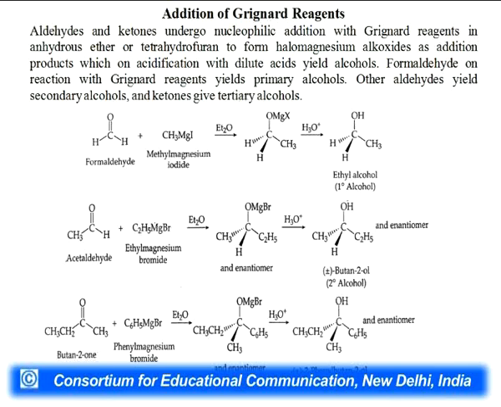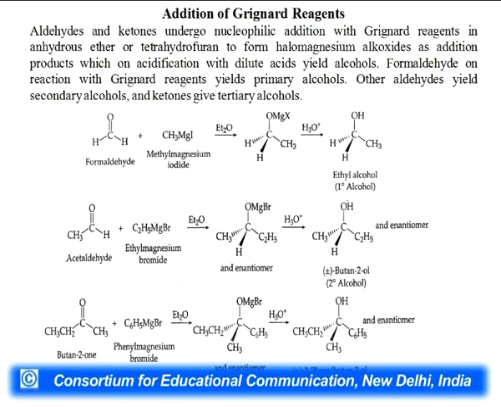When it reacts with methyl magnesium iodide, it will attack as a nucleophile and we will get the addition product with the Grignard reagent, and then hydrolysis will give you ethyl alcohol, or we can say it is a 1 degree alcohol. With acetaldehyde, first of all there is an addition product which on hydrolysis will give you a 2 degree alcohol, that is butan-2-ol.